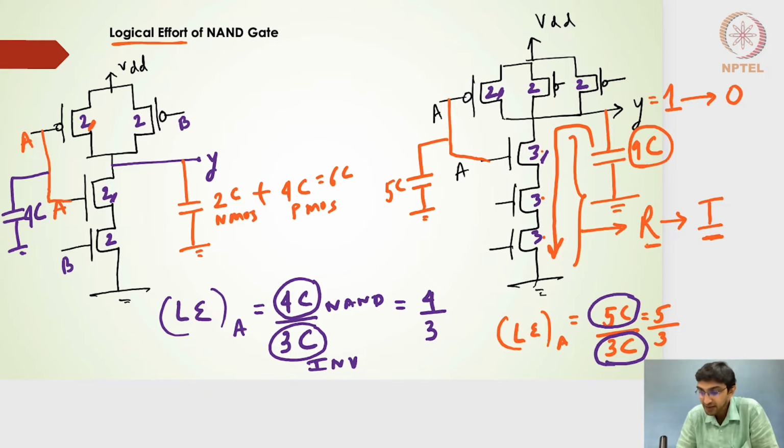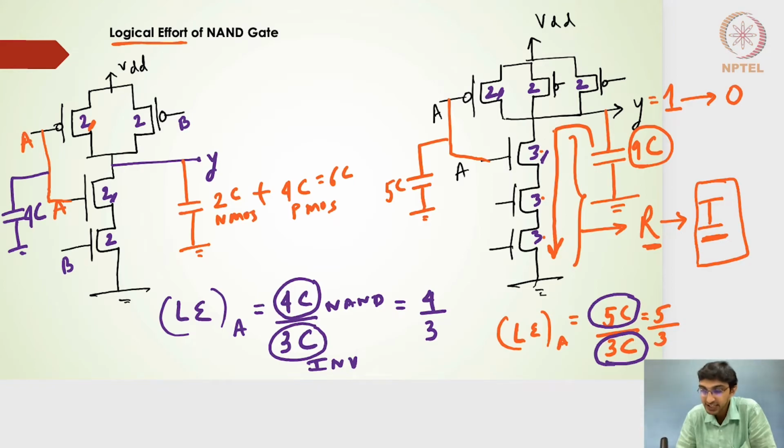If I have the same resistance R in a 2:1 inverter, if a 2:1 inverter will give me a falling resistance of R, I am likely to get the current of I, even for an inverter which is giving a falling output. That means the inverter which will see a 3C capacitance at the output will also give me a discharging current of I. So even for 2:3 size, or for a 3-input NAND gate, 2:3 size means 2 size for the PMOS, 3 size for the NMOS, which will give me the 9C capacitance.